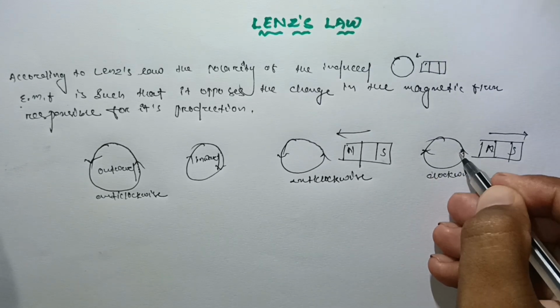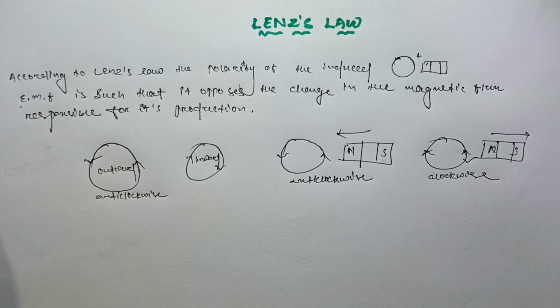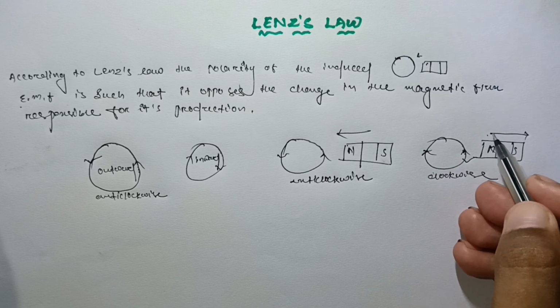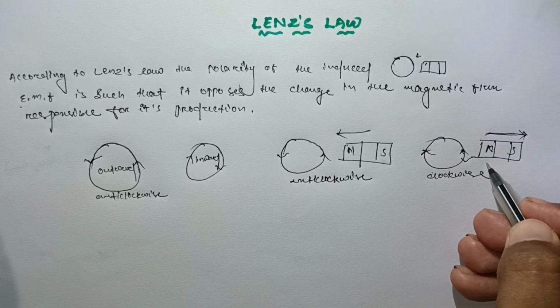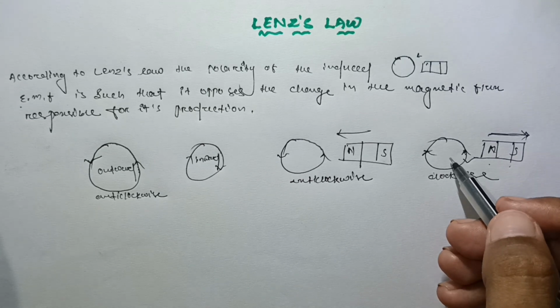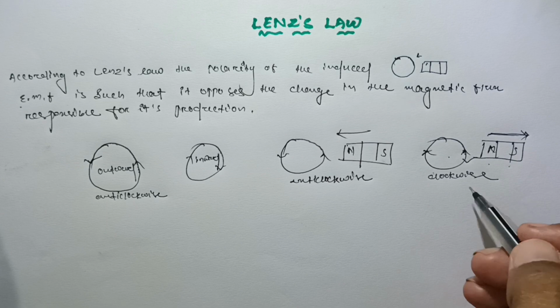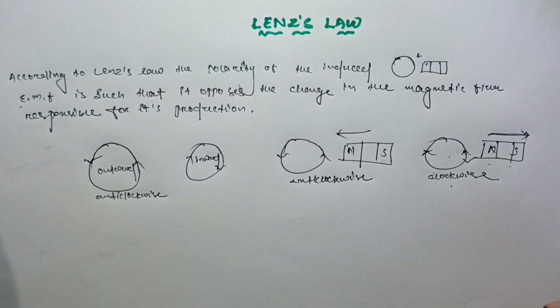Yes or no? If we move it outward from the coil, then the current will have clockwise direction, right?